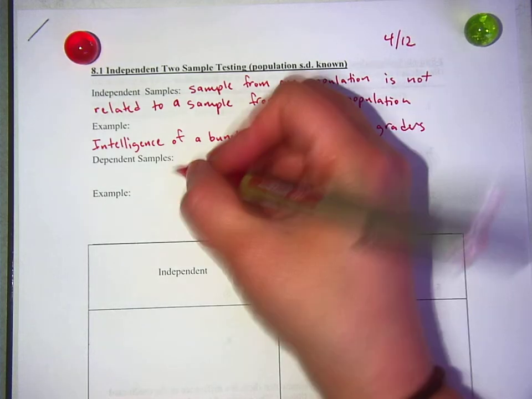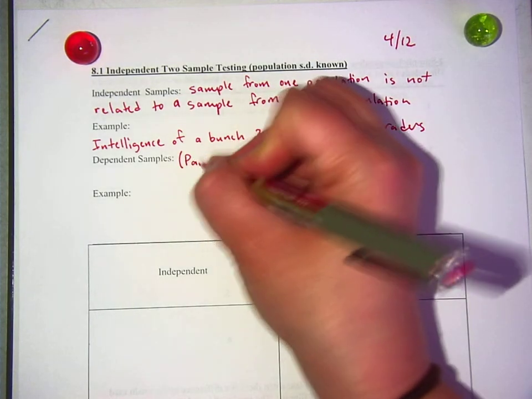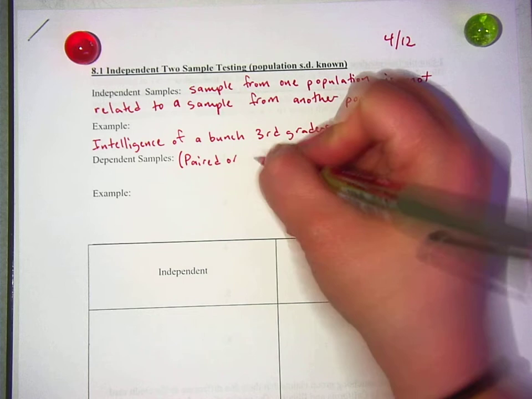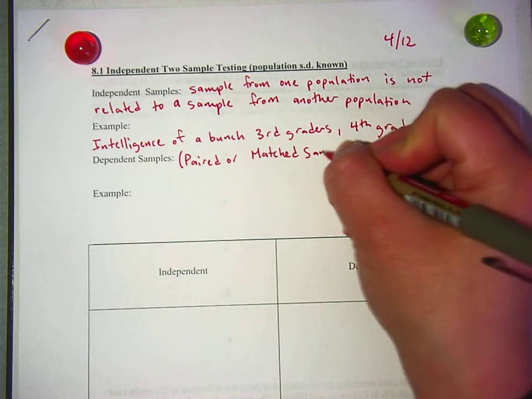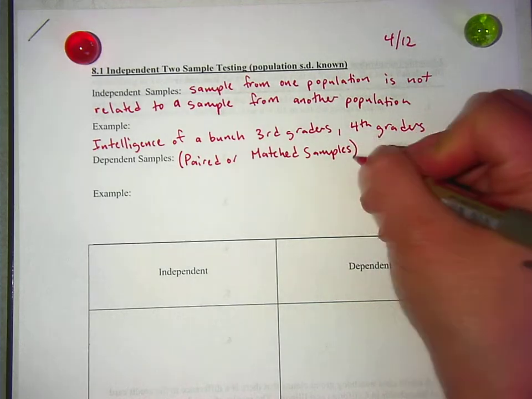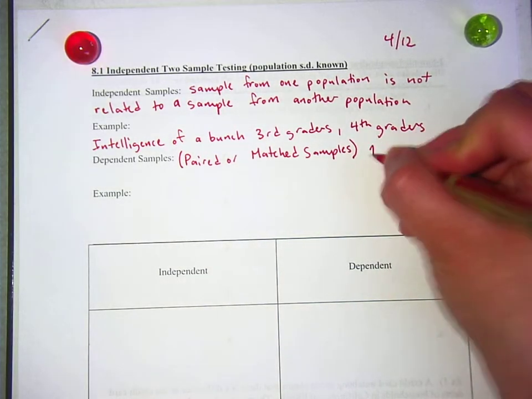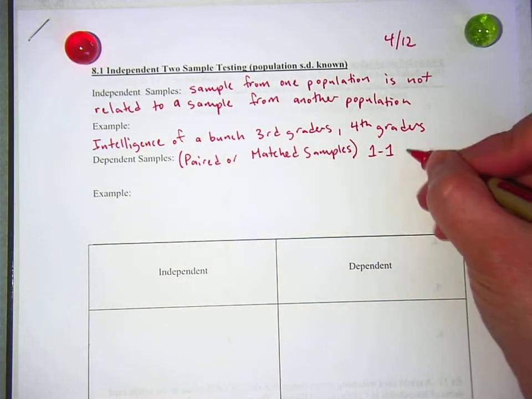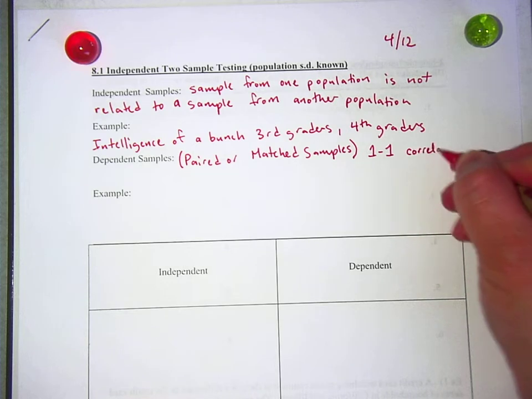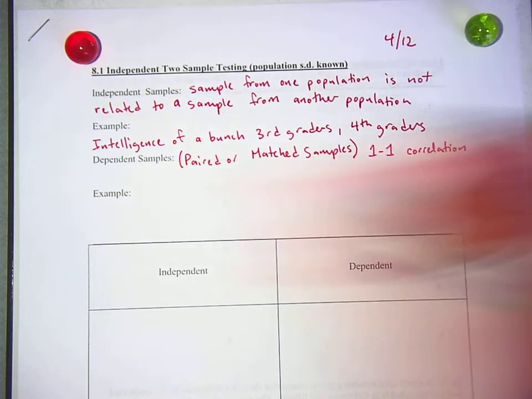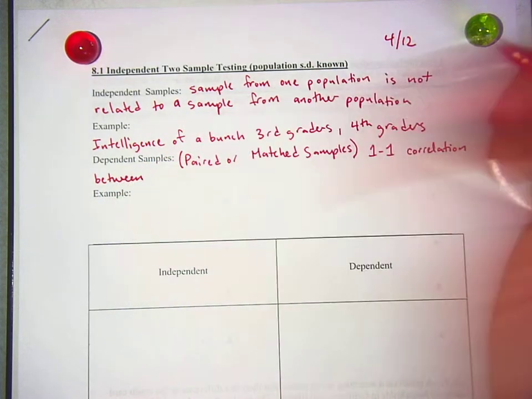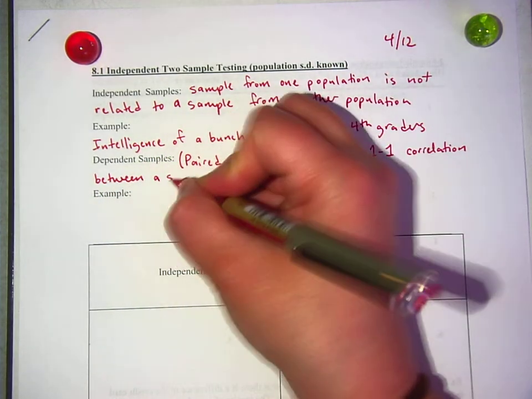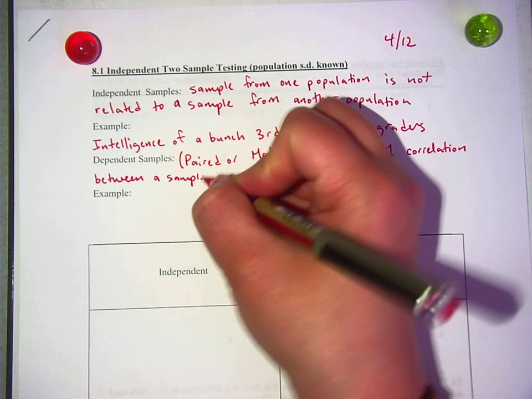Dependent samples are also called paired or matched samples. And for that, there's like a one-to-one correlation between a sample from one group and a sample from another.